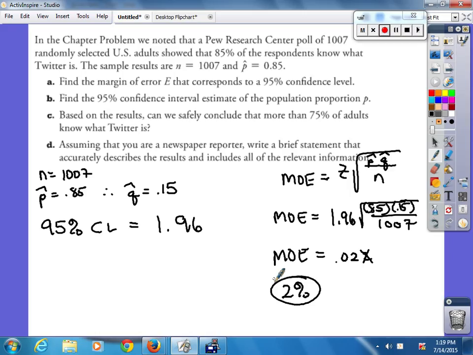Then that poll is what? It's tied. Why? Because what's the difference between 51 and 50? 1. It's within the margin of error, which is 2%. So technically, mathematically, they're at a tie.